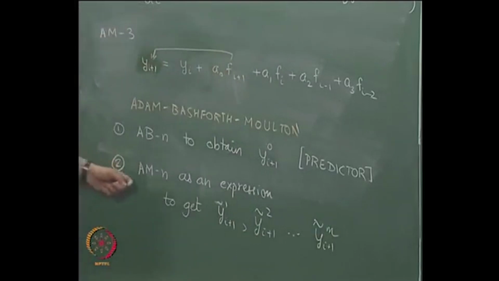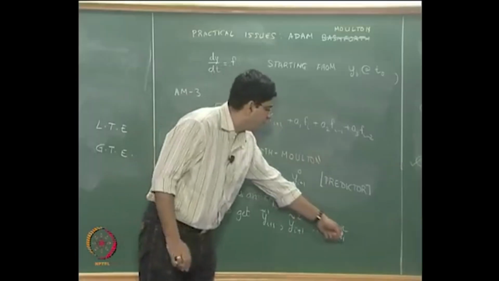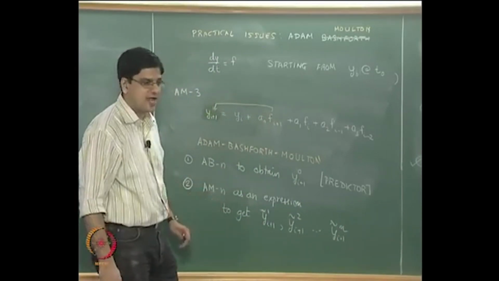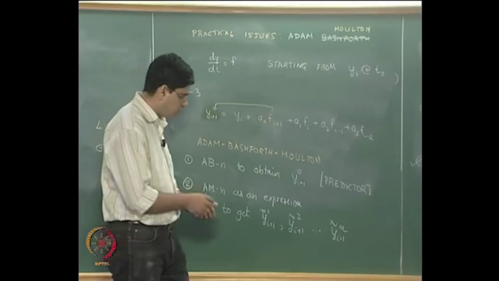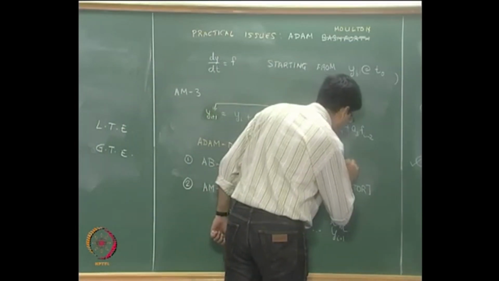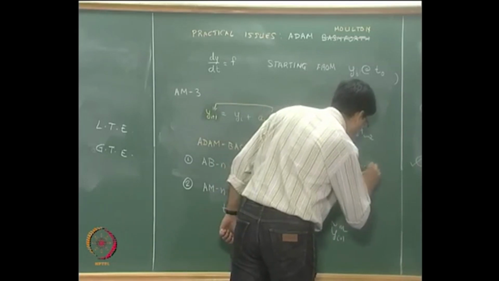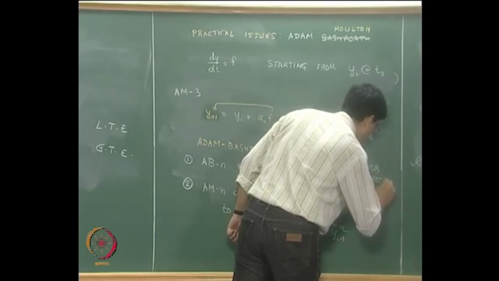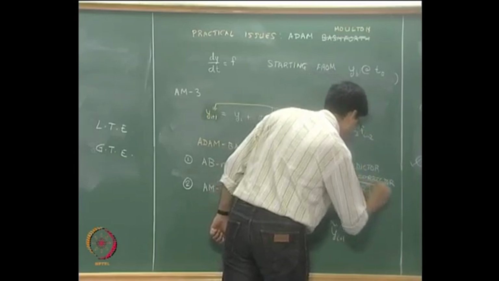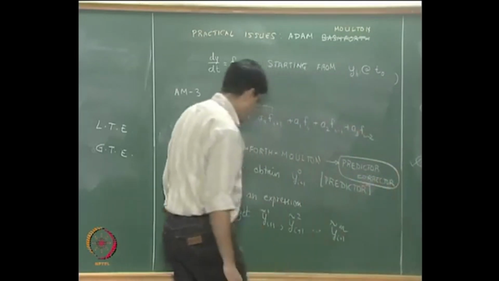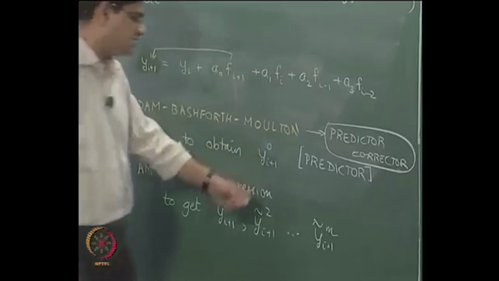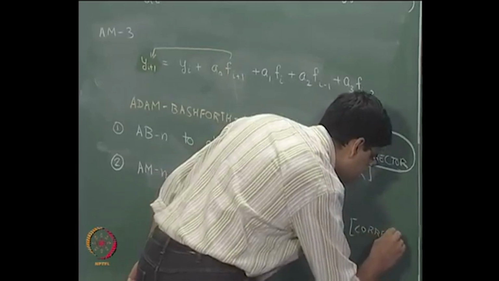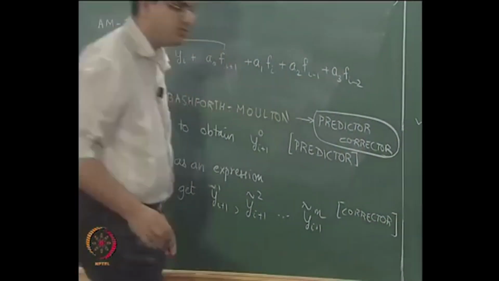So we repeat the corrector equation a fixed m number of times in order to get an improved solution using the Adams-Moulton method. So Adams-Bashforth-Moulton method is a predictor-corrector method, where the Adams-Bashforth is used as a predictor and Adams-Moulton is used as corrector.